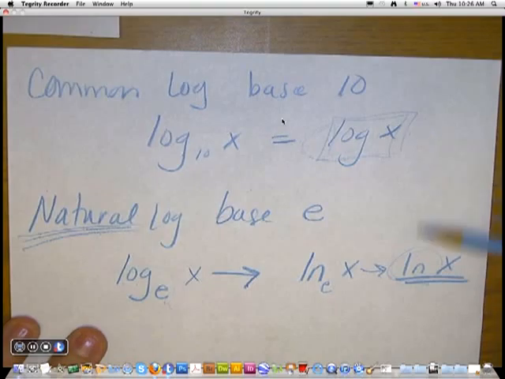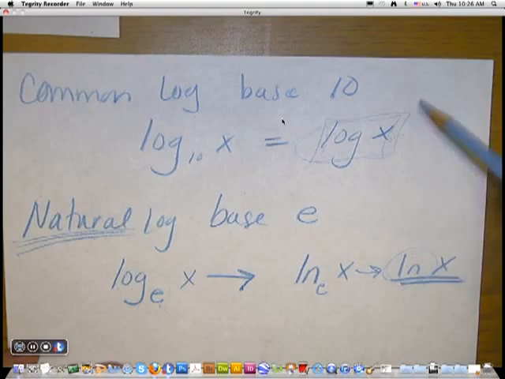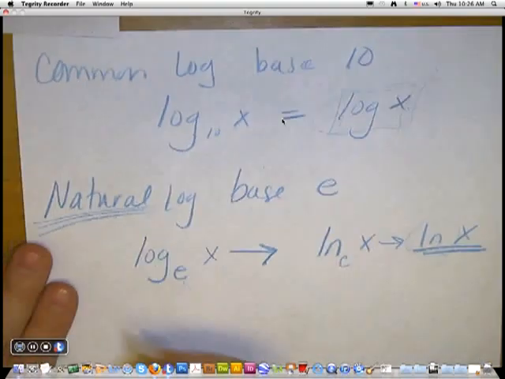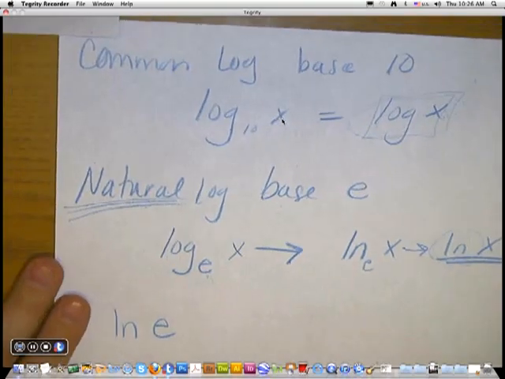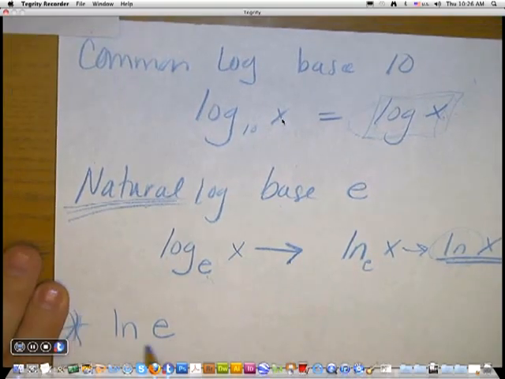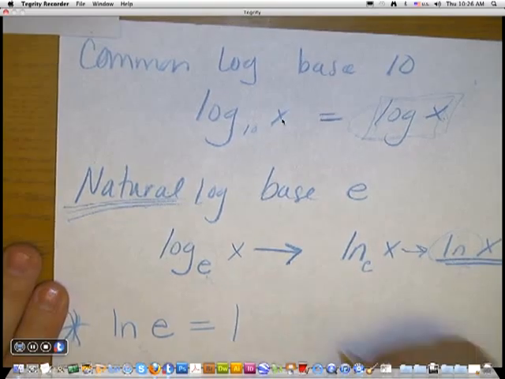Log and ln, natural log, have the exact same properties. So if I have natural log of e, remember the base on this is e, so its value is 1.